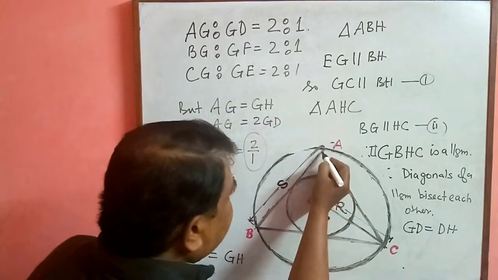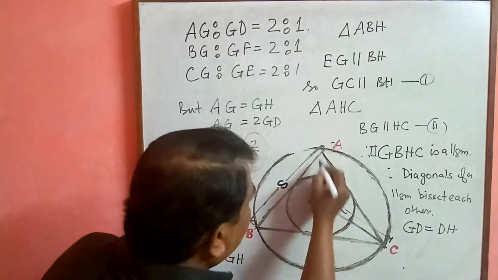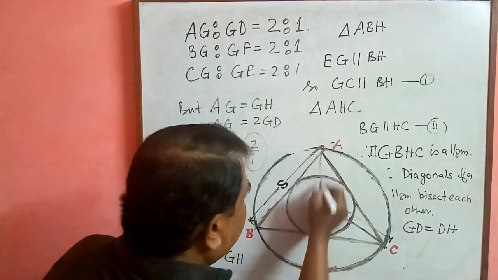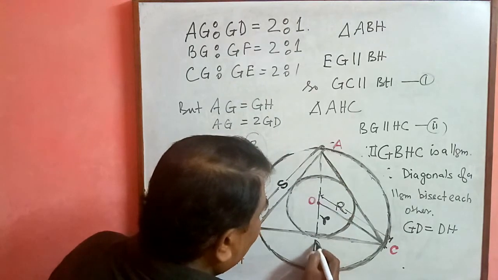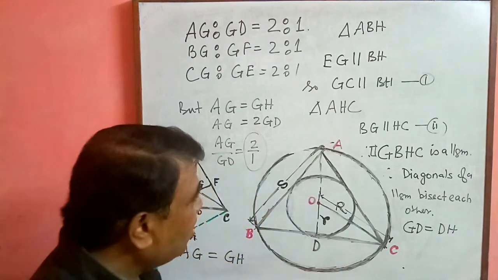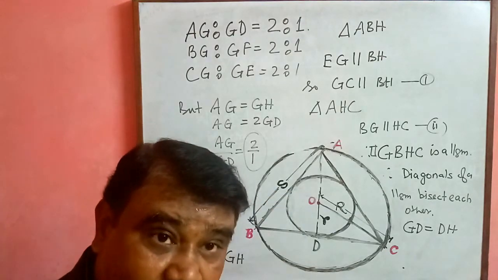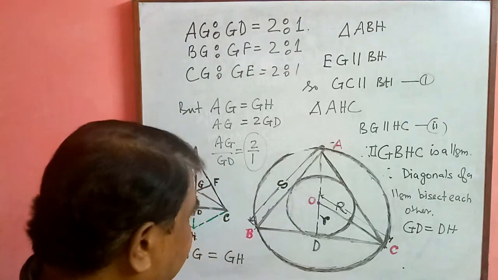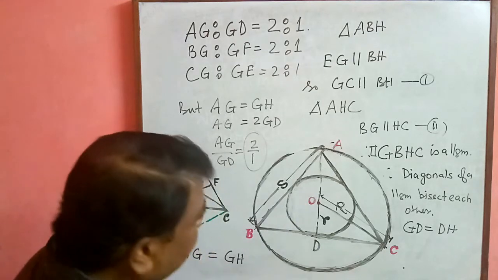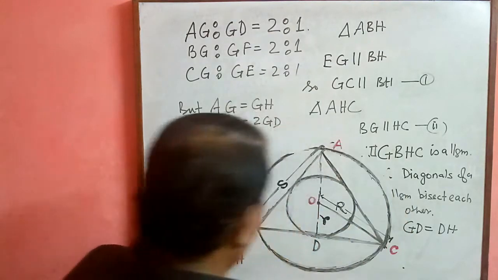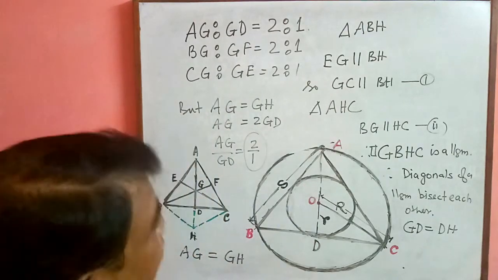Here, if I say A, this is D, so this is your AD. This AD is known to us with the help of side S of an equilateral triangle. We know AD is nothing but √3 upon 2 into side.